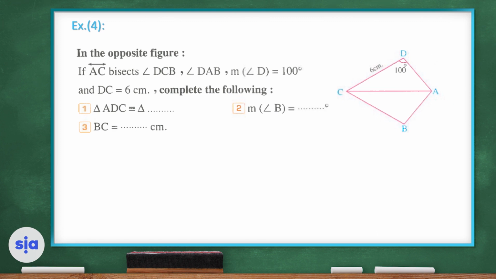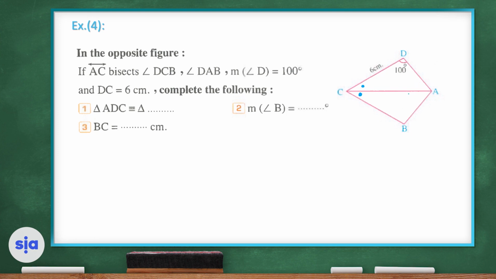Exercise number 4. In the opposite figure, if AC straight line bisects angle DCB, so this means that these two angles are congruent to each other. And the measure of angle D is 100 degrees and DC is 6 centimeters long. Let's complete each of the following.